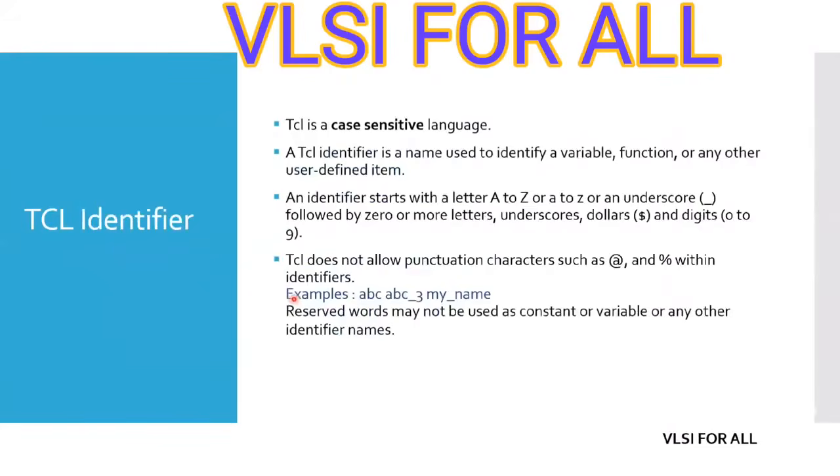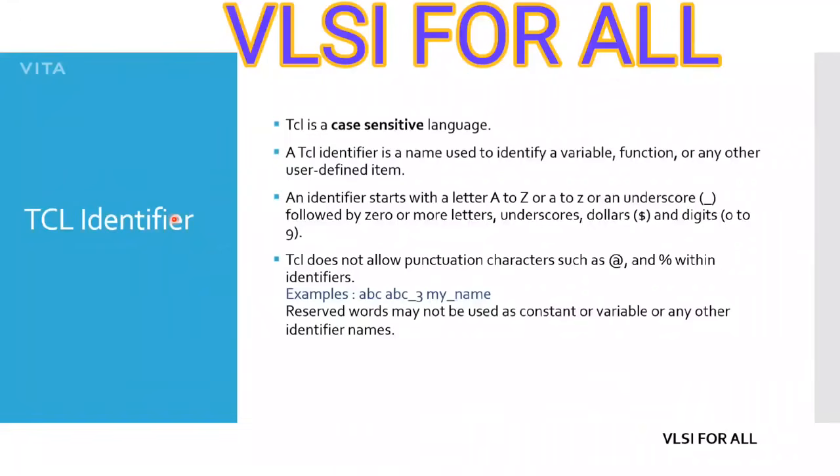Next, TCL identifier. Identifier, as the name suggests, is used to identify something which you're setting in your code, may it be a variable or a function or any user defined item. TCL has a set of commands which are inbuilt, which we have to remember and use. But the variables are things which we set while we are writing the code.